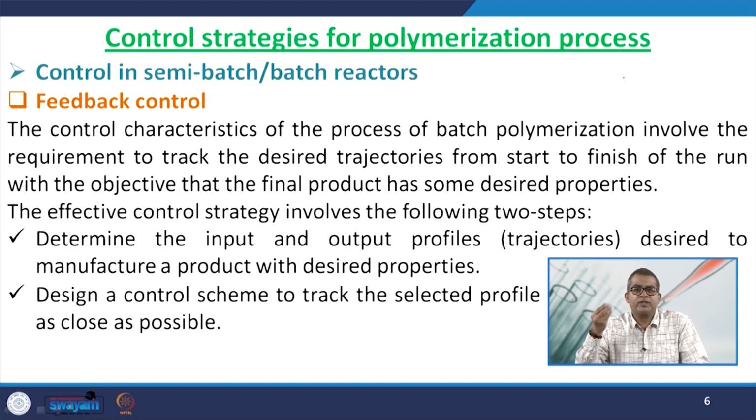This is with the objective that the final product should have the desired properties which you are looking for. Usually there are various strategies involved in the feedback control. One is to determine the input and output profiles of trajectories. This is desired to manufacture a product with the desired properties.